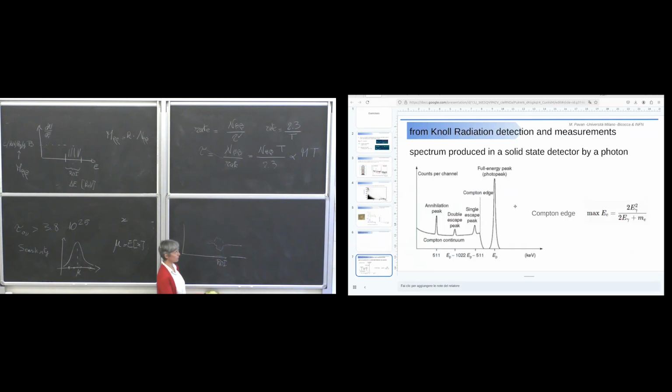They come from the Knoll, and if you open the Knoll somewhere, you see that there is this plot that illustrates the spectrum recorded by a detector when it is illuminated by a gamma source with a monochromatic line. So there is a photopeak, and then you have the Compton, and we have something that is called the Compton edge.